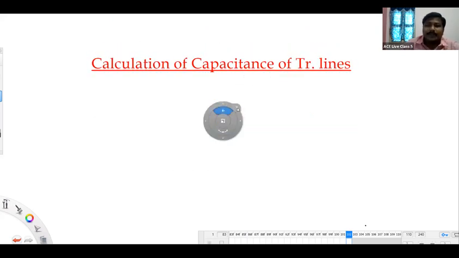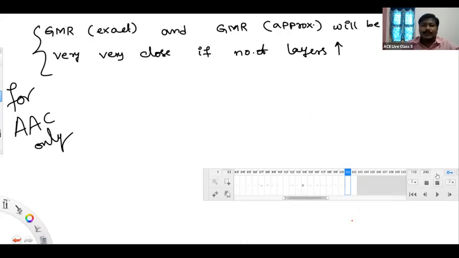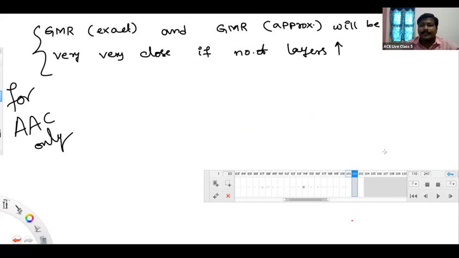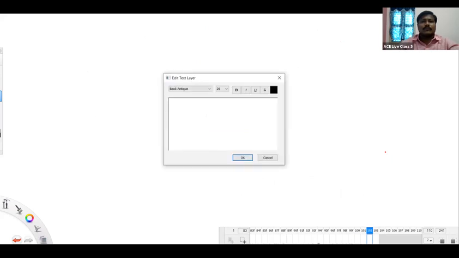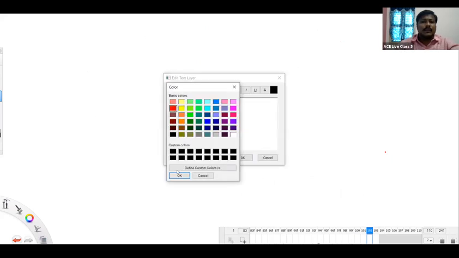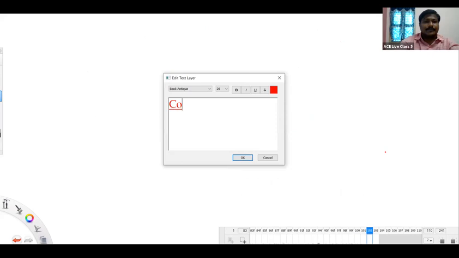Let me take up the conclusions of inductance calculation, then we will move to capacitance. I'll take the conclusions on inductance calculation. After that, I will move to capacitance. Conclusions on inductance calculation.